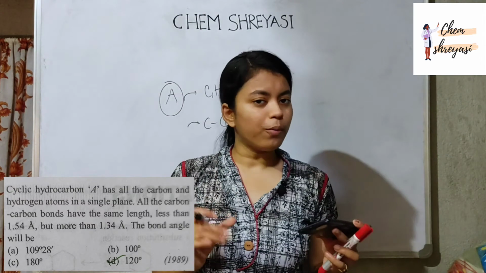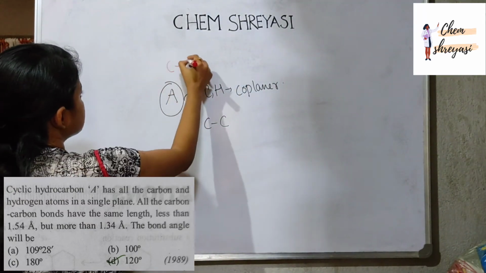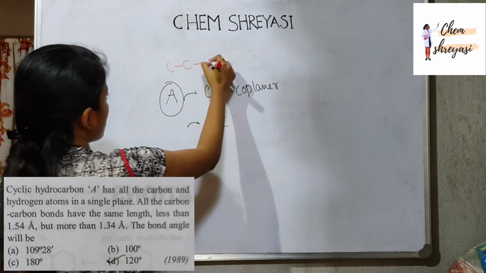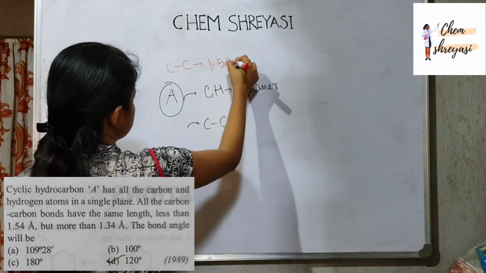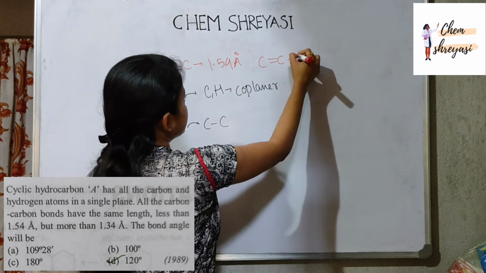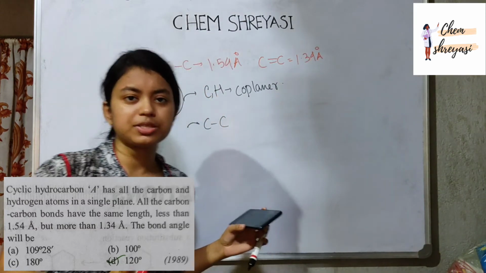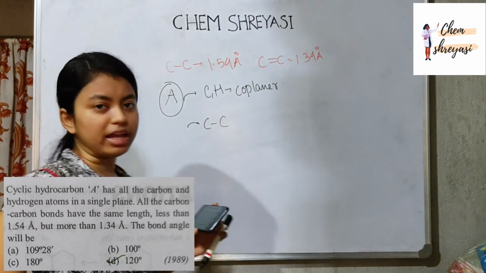Now we know that in case of a carbon-carbon single bond, the bond length is 1.54 angstrom, and in case of a carbon-carbon double bond, it is 1.34 angstrom. If you don't know this, then please do remember these two values.